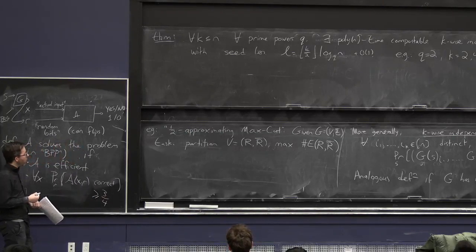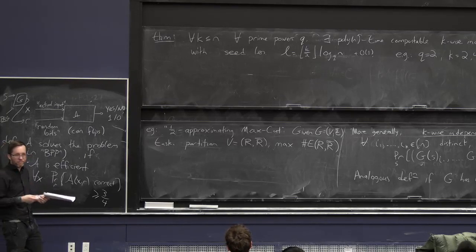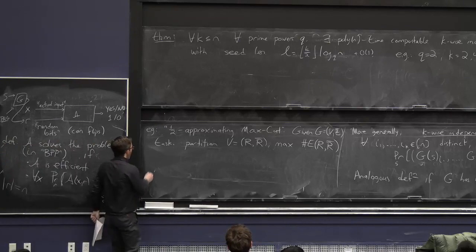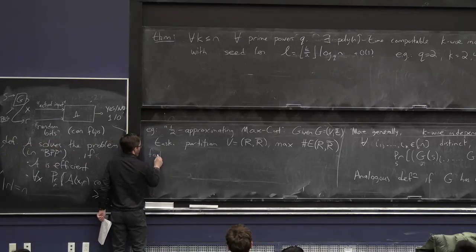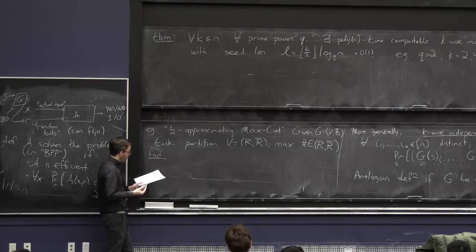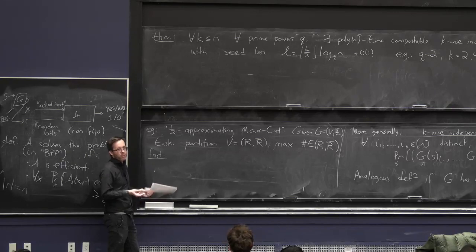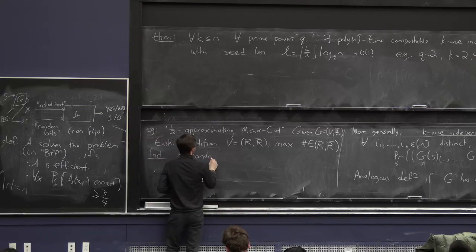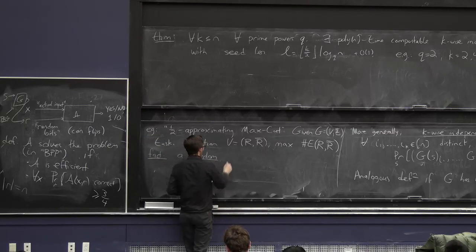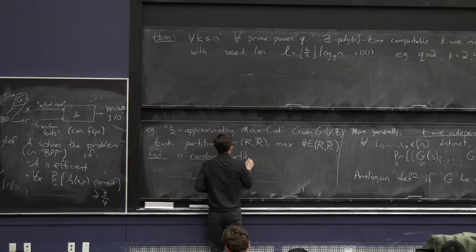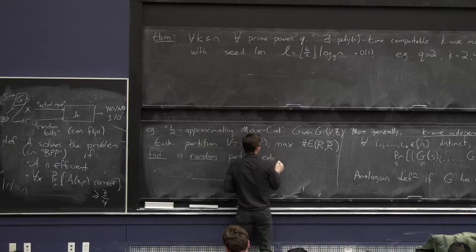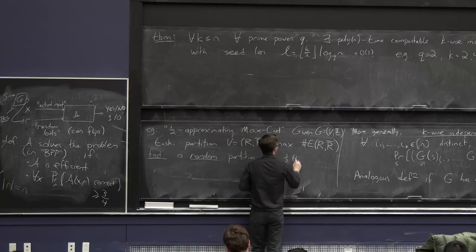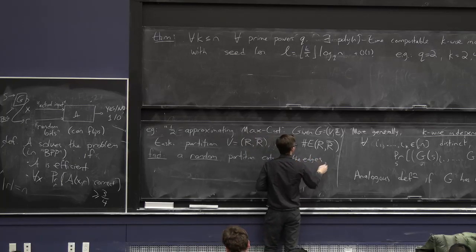We don't expect to do it, but you might try to come up with an efficient algorithm that does a reasonable job of finding a pretty good cut. There's a very classic, super simple algorithm that does a reasonable job of coming up with a big cut. And it's the most naive algorithm of all. Pick a random partition. It's a fact, and easy to see, that a random partition cuts half of the edges in expectation.